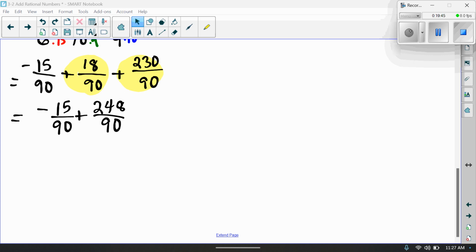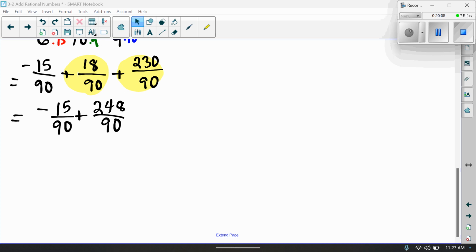So now we have fractions with different signs. What is the rule when I'm adding numbers with different signs? We take the sign of the bigger number, so the answer is going to be positive, right? And what do I do to the digits? You subtract them, right?